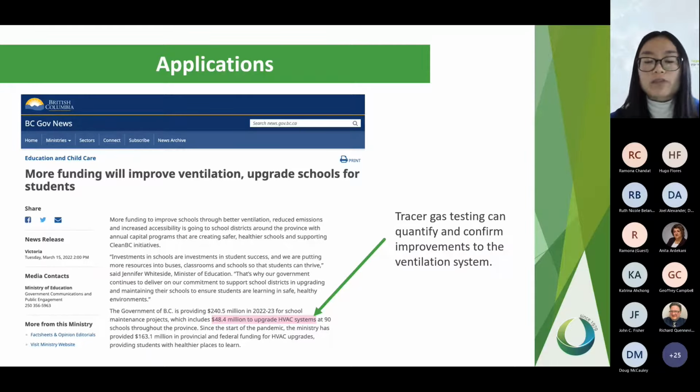So one way that we may apply tracer gas testing is to identify the schools with ventilation that needs to be improved. As well, we can use tracer gas testing to quantify and confirm that improvements of the ventilation system have been made after we make the improvements.